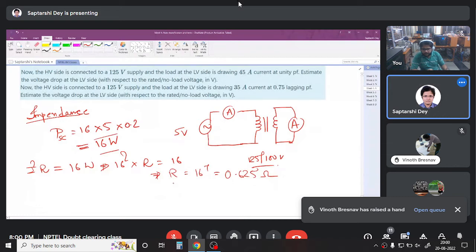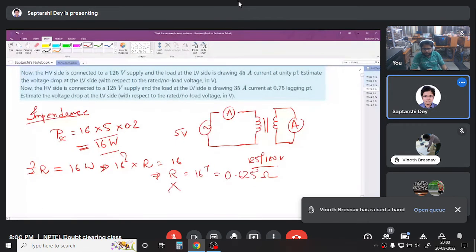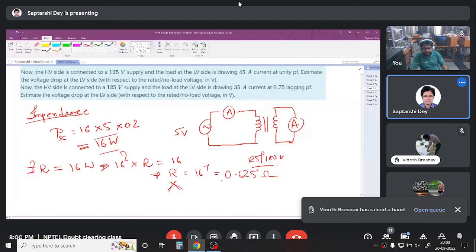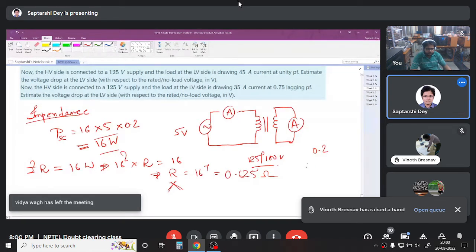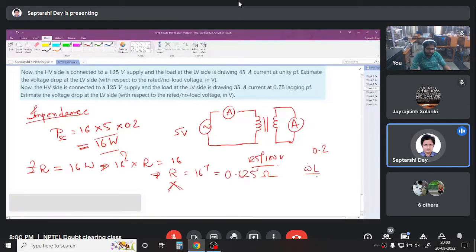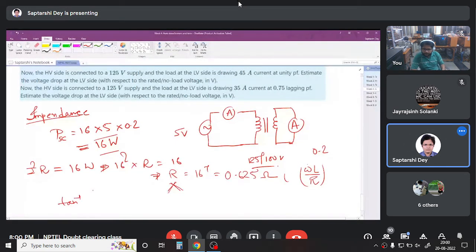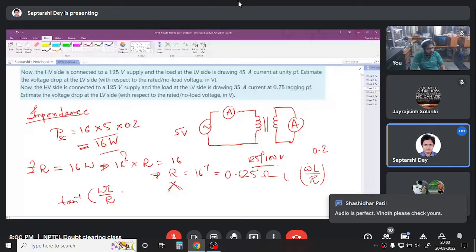Now we have to find out X. How to find out X? We have been given the power factor 0.2. We know that tan inverse of omega L by R gives us the phi.